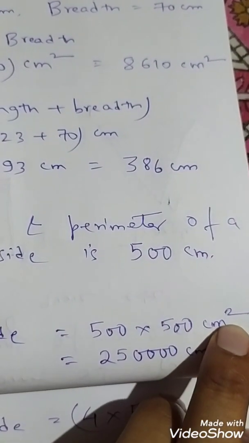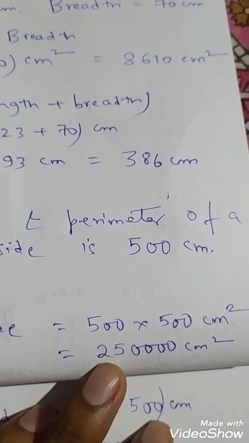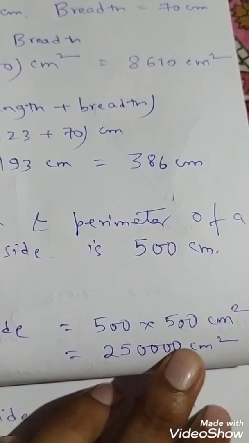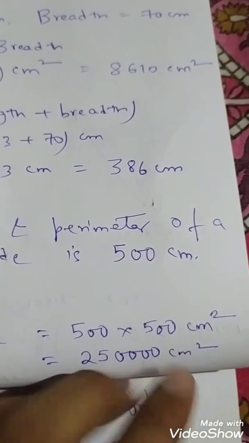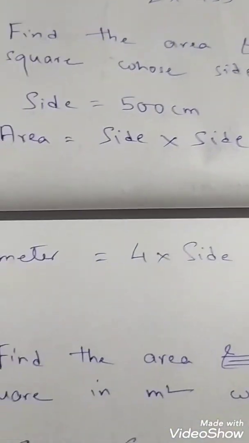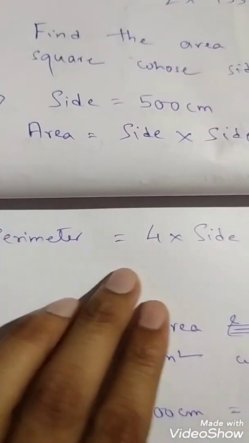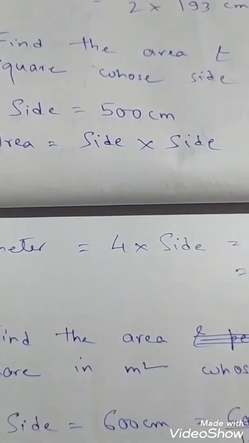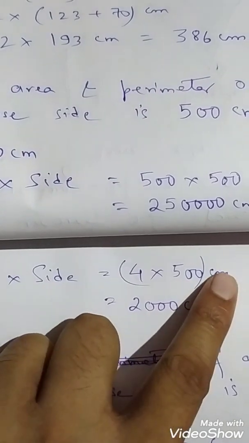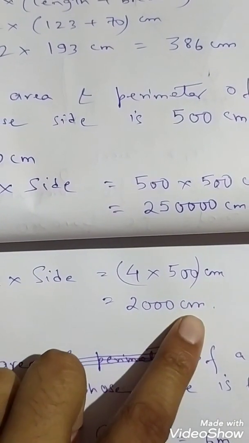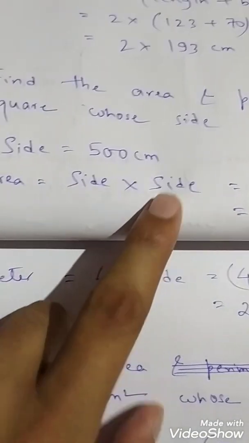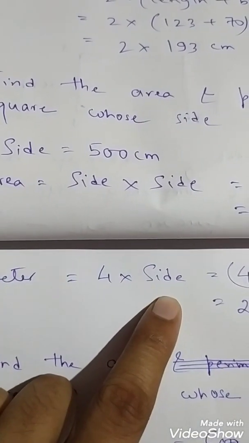The unit will be centimeter square. If you multiply, the answer is 250,000 centimeter square, because it is given in centimeter. Next is perimeter. The perimeter formula is 4 into side. So 4 into 500 cm gives 2000 cm. So area is side into side and perimeter is 4 into side. Simple.